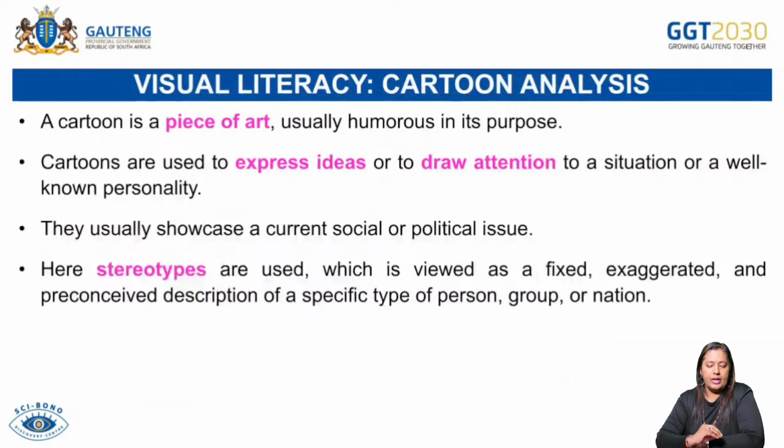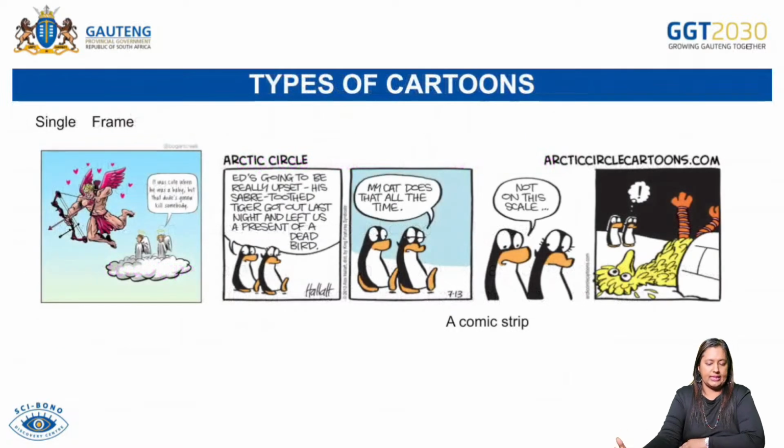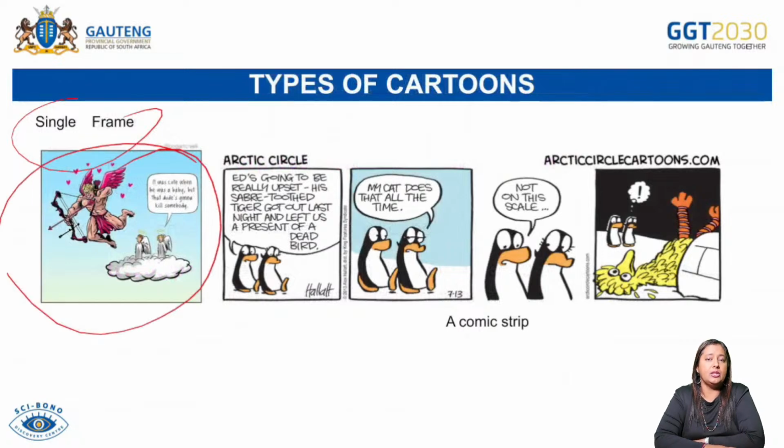Right. So the stereotypes used in a particular cartoon are very visible when you go through the frames. That is when we're dealing with a fixed viewpoint, an exaggerated viewpoint, or a preconceived viewpoint of a specific group of people, a nation, or a group that is being showcased. So, single frame, in other words, all the actions happening in the one frame where you see everything, it's done and dusted.